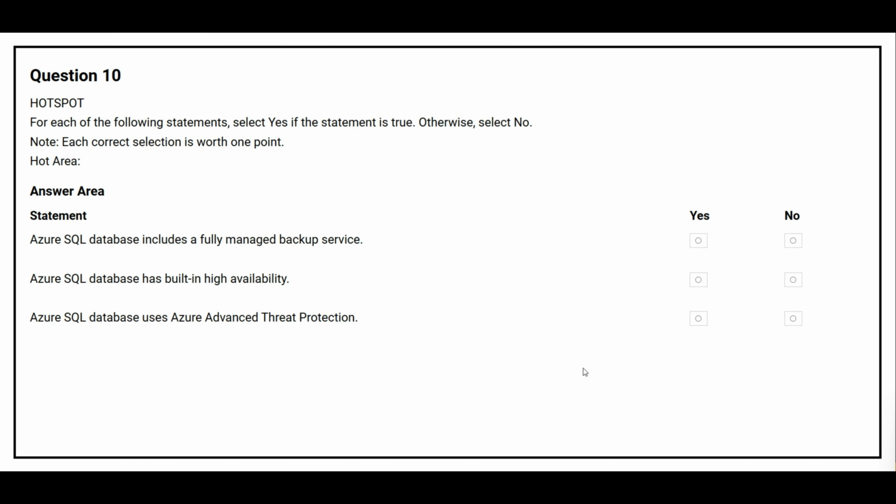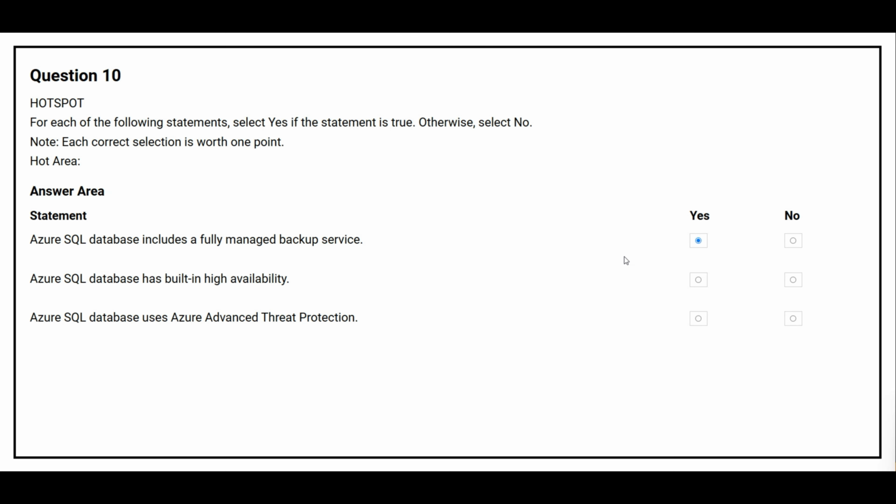Question number 10. For each of the following statements, select yes if the statement is true, otherwise select no. The first statement is, Azure SQL Database includes a fully managed backup service. The correct answer is yes.